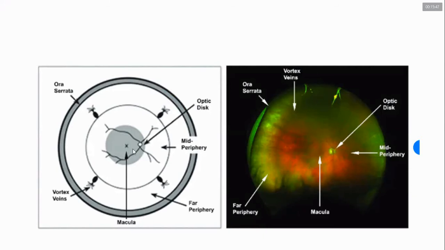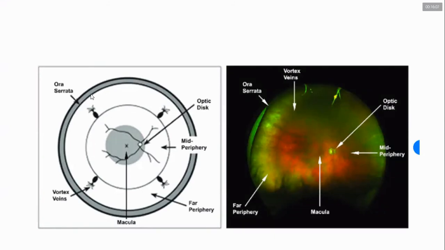You will see the macula, and you will see the vortex vein. This is in the mid periphery, and this is the periphery. So if you divide, this area is the posterior pole, this is the mid periphery, and this is the peripheral retina.